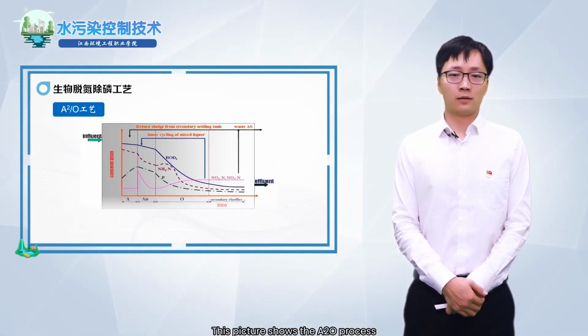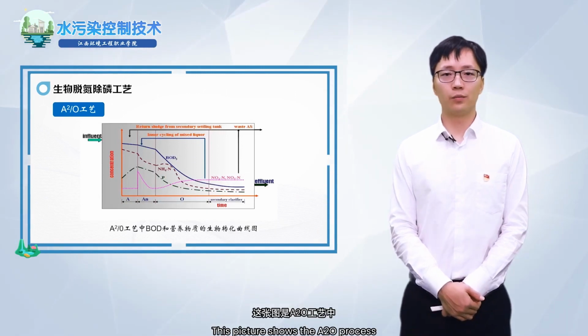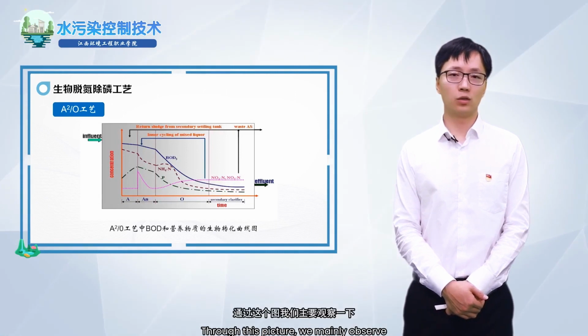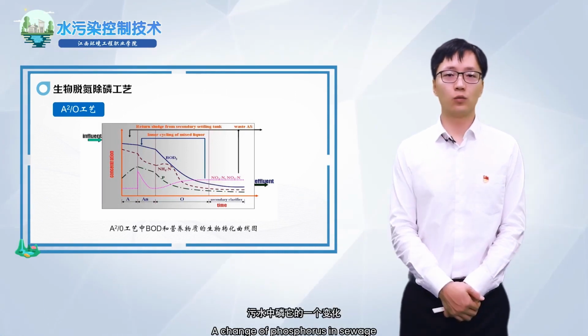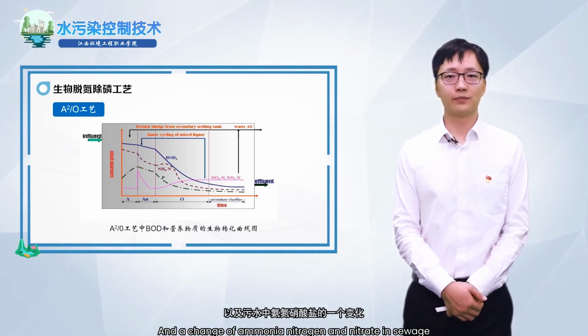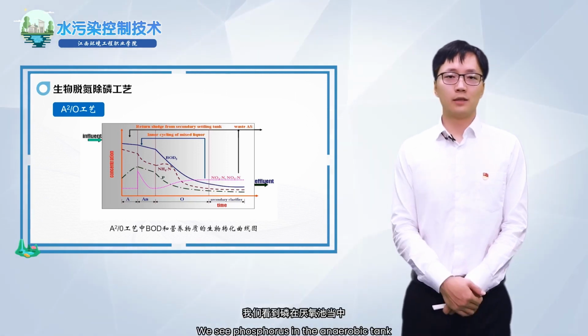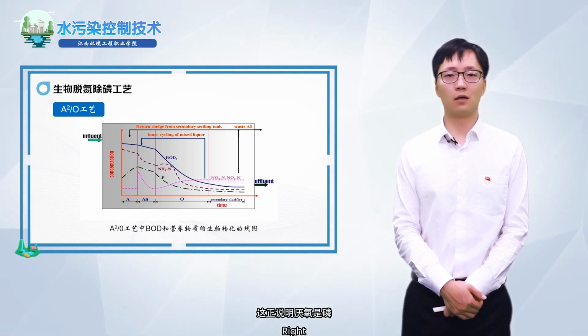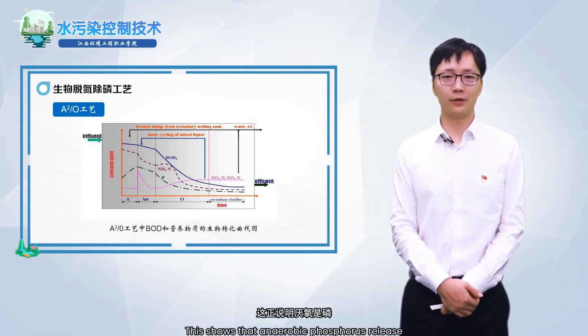Good. This picture shows the A2O process, biotransformation curves of BOD and nutrients. Through this picture, we mainly observe the change of phosphorus in sewage, and the change of ammonia nitrogen and nitrate in sewage. We see that in the anaerobic tank, the content of phosphorus is increased. Right. This shows anaerobic phosphorus release.